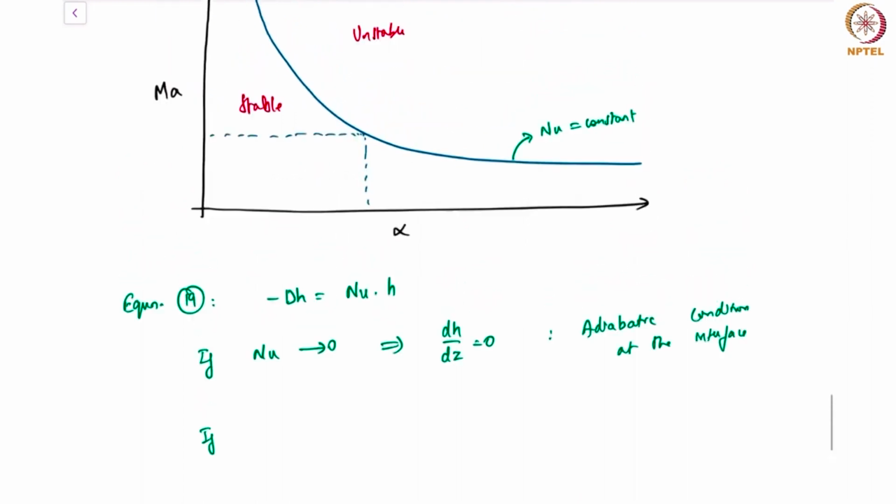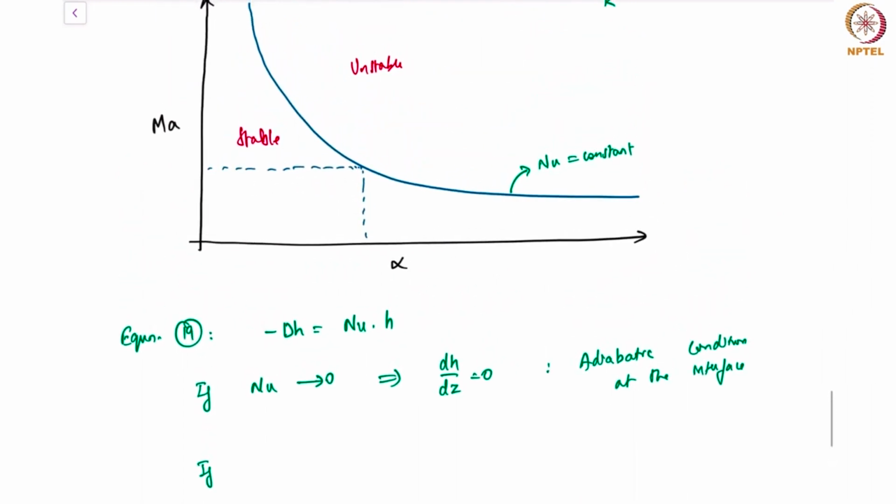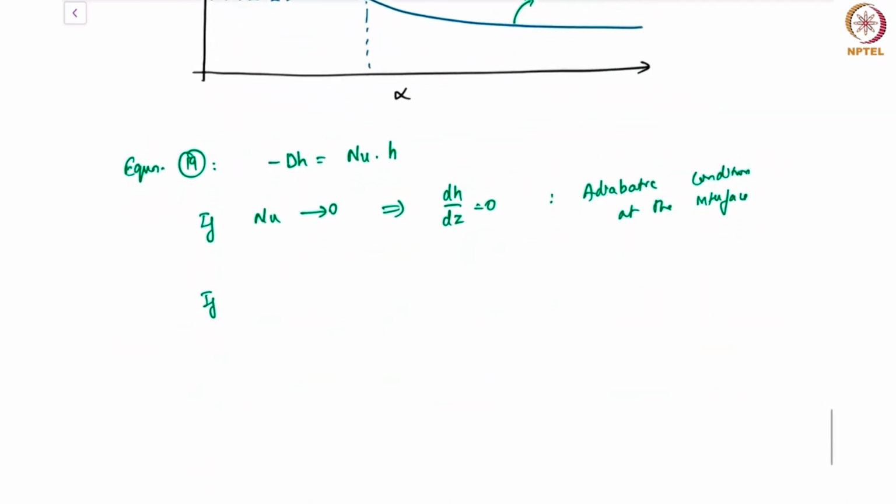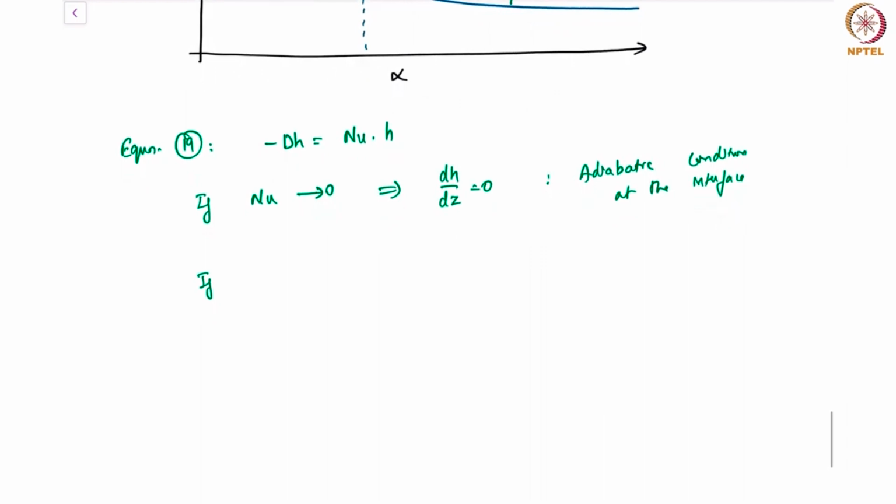So this curve that you see here that I'm plotting in the stability chart, you should expect that the lowest curve will happen for Nusselt number equal to 0. If on the other hand we take Nusselt number going off to infinity, then this would be H equal to 0, an isothermal condition.